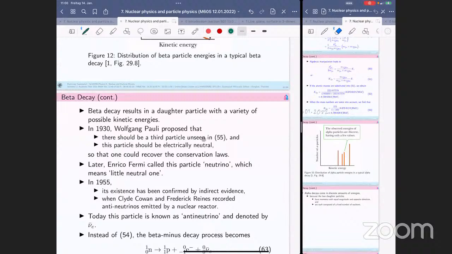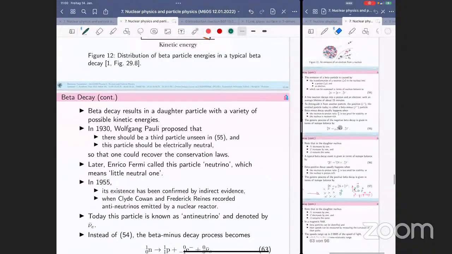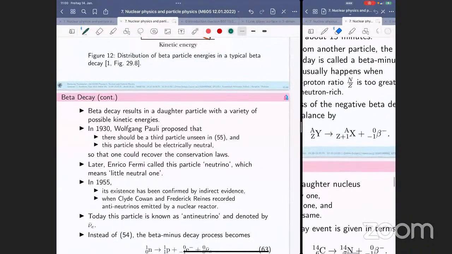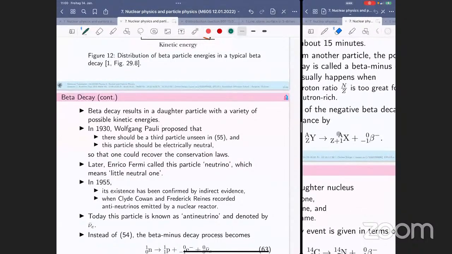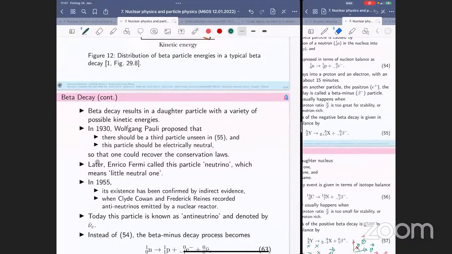There should be a third particle, unseen in this equation, in the beta decay process. Not only the changed element and the electron, but there should be another particle, Wolfgang Pauli expected. And what is that?